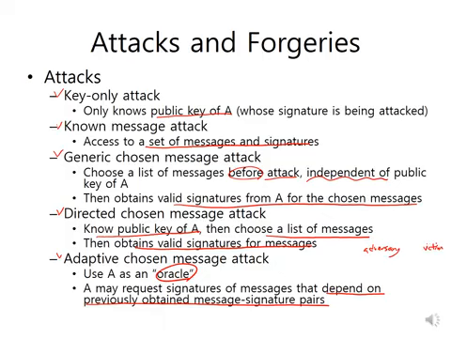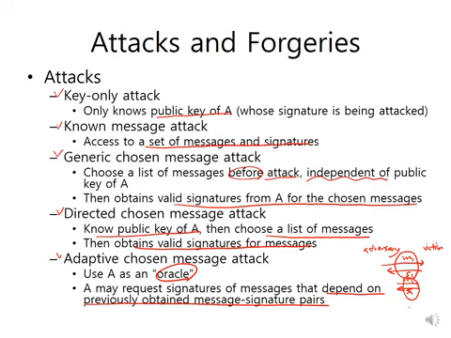The adversary may request some messages, and then he can get their corresponding signatures, M1, S1, M2, S2, and so on. And then the later messages and signatures can be selected on the basis of the previously exchanged information.